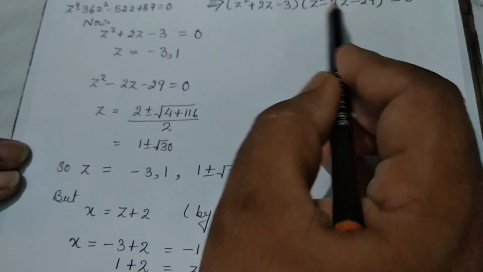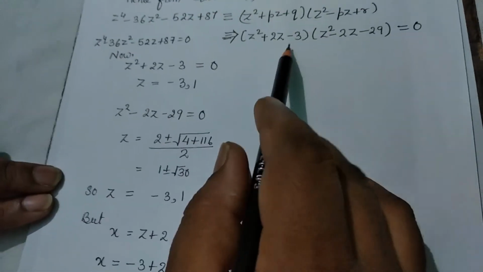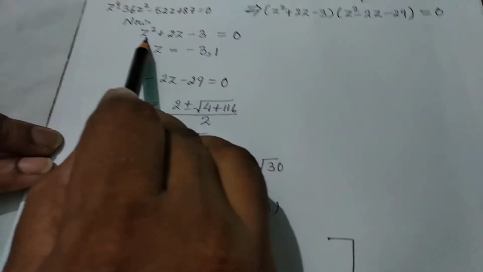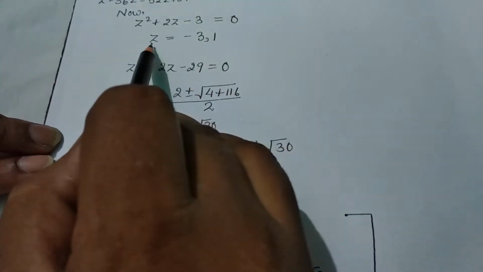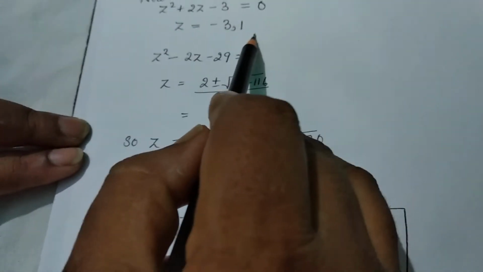So here we have two quadratics. On equating separately with 0, we'll give z square plus 2z minus 3 is equal to 0. So the value of z on solving this quadratic will give minus 3 and 1.